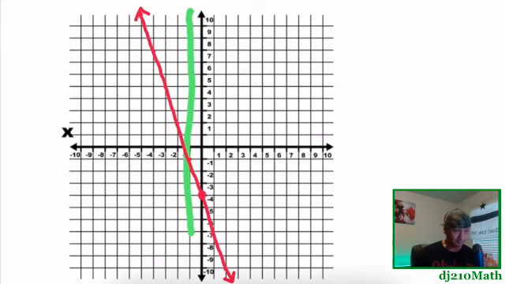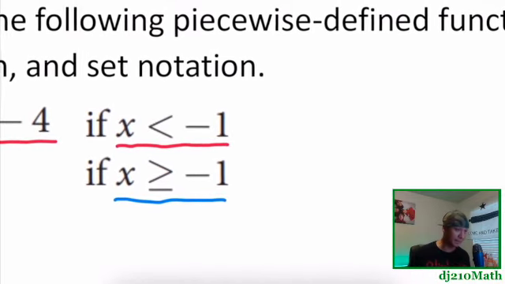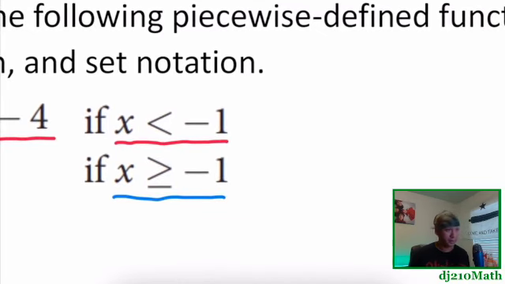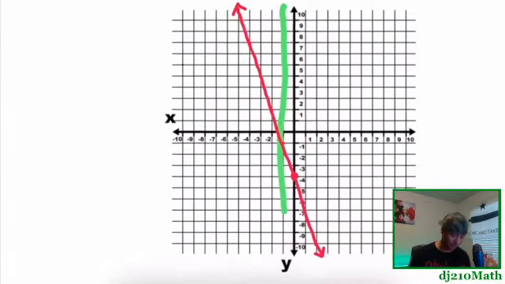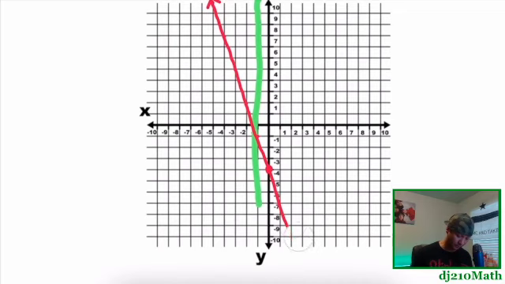Okay, so here's the deal. Here's the line, negative 3x minus 4. But we don't want the entire line. In fact, we only care about when x is less than negative 1. So anything left of negative 1 is what we want. Anything greater than negative 1, we don't care about this part of the line.